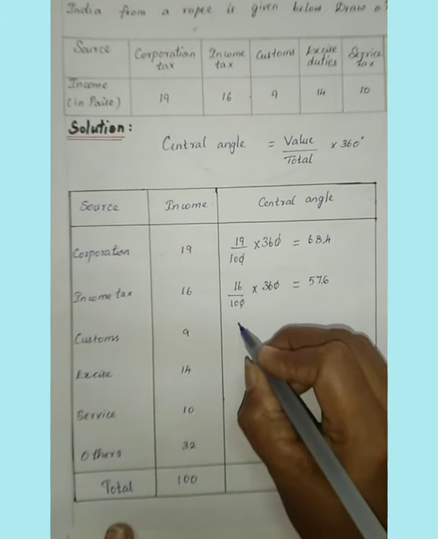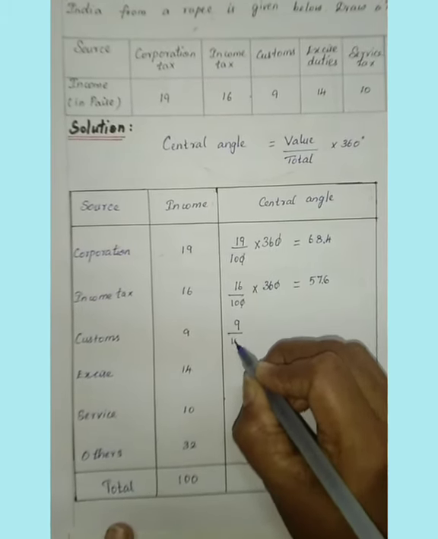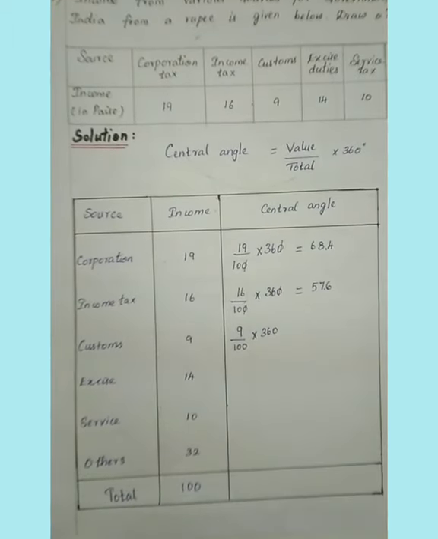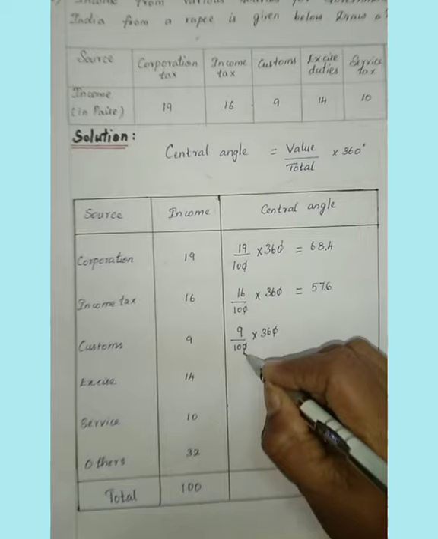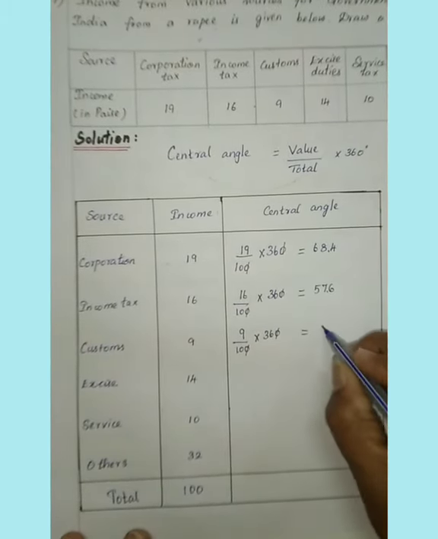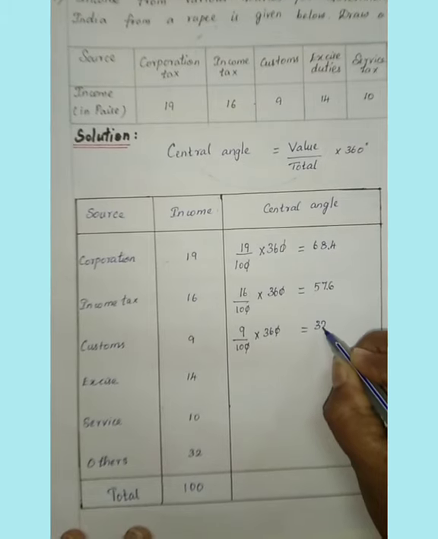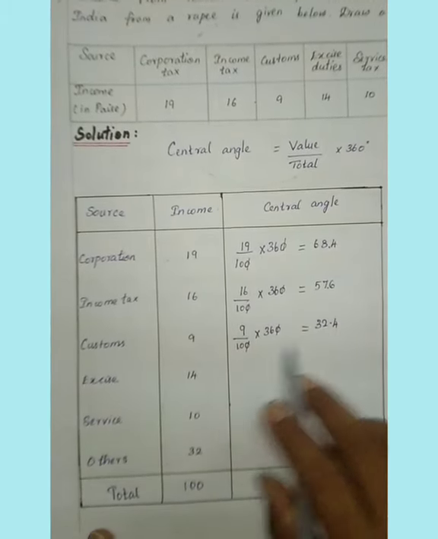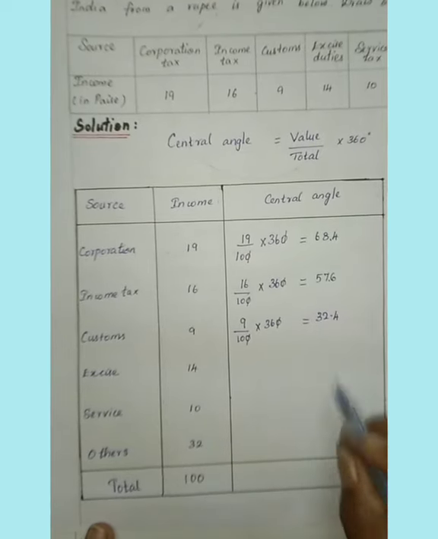Then the third value, 9 by 100 into 360. Again we can cancel 0. 9 into 36 is 324, so 32.4 because the denominator is 10. So 32.4.